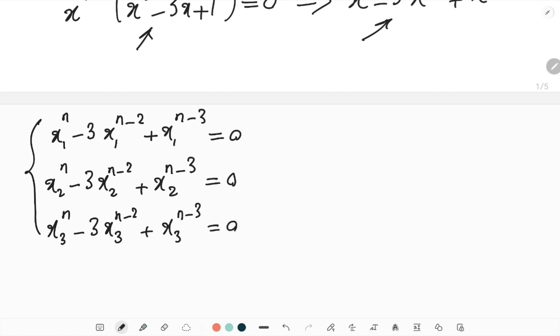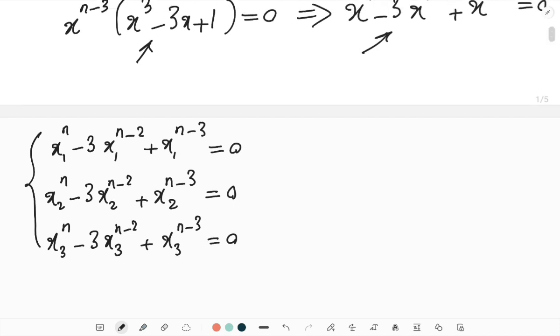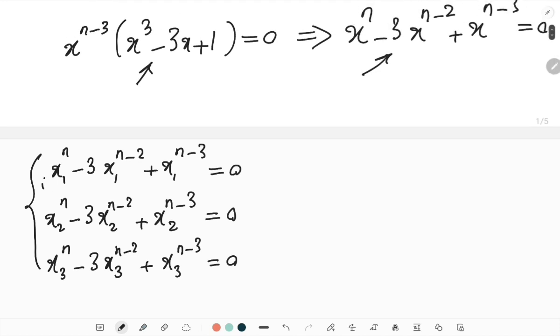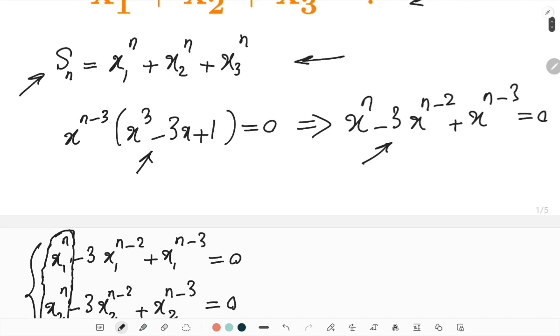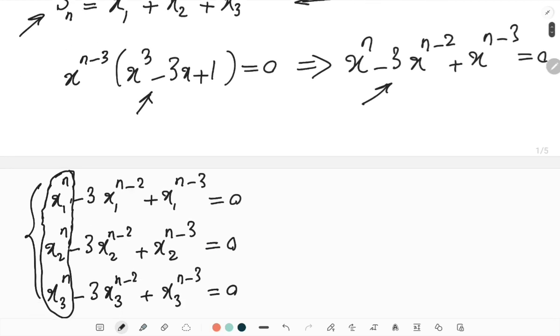So as you probably have guessed by now, in the next step I'm going to sum all of these equations with each other, because if I do so, these first terms are going to produce this Sn for me here. And it will give me a beautiful relationship between Sn and Sn-2 and Sn-3.